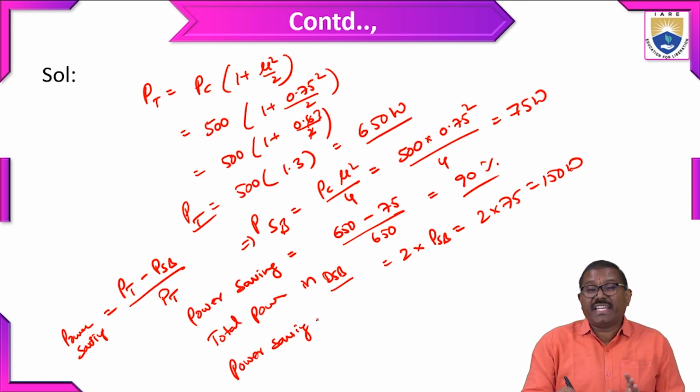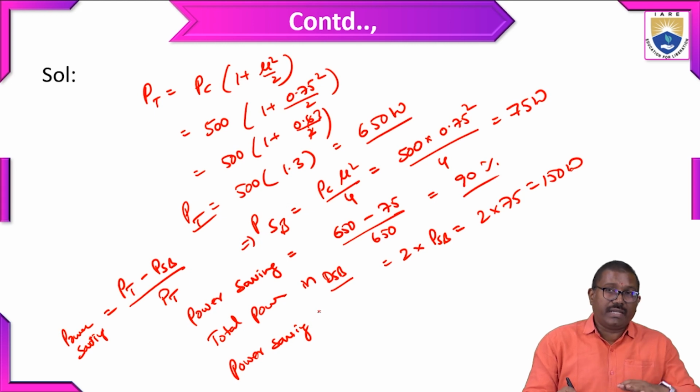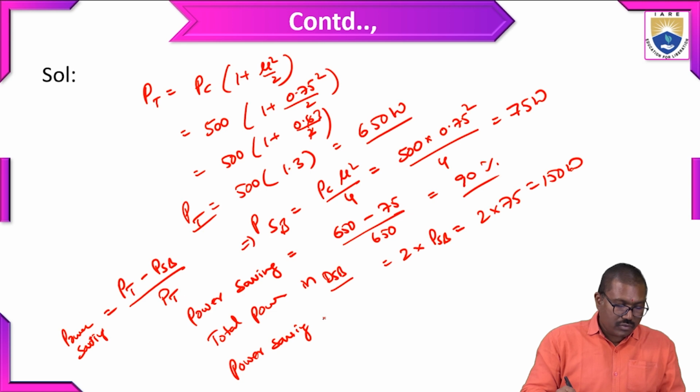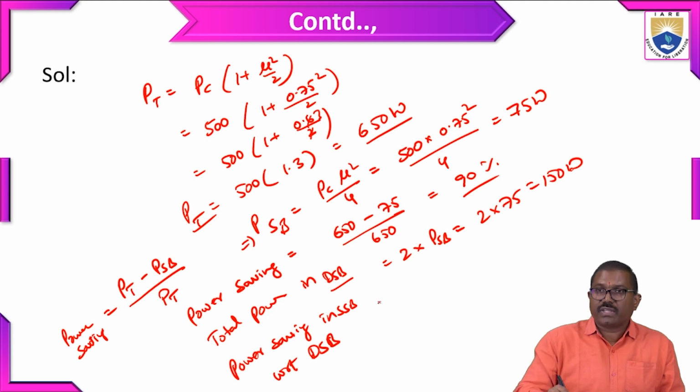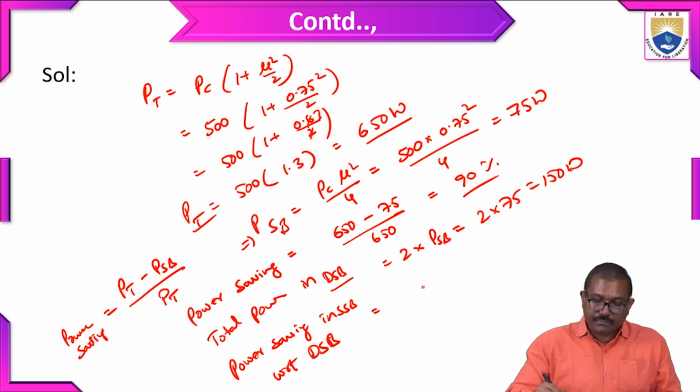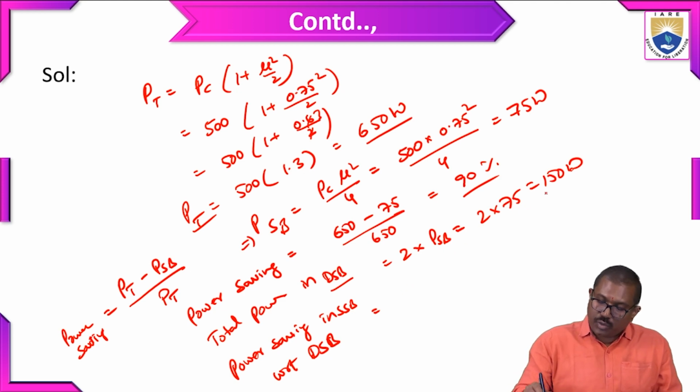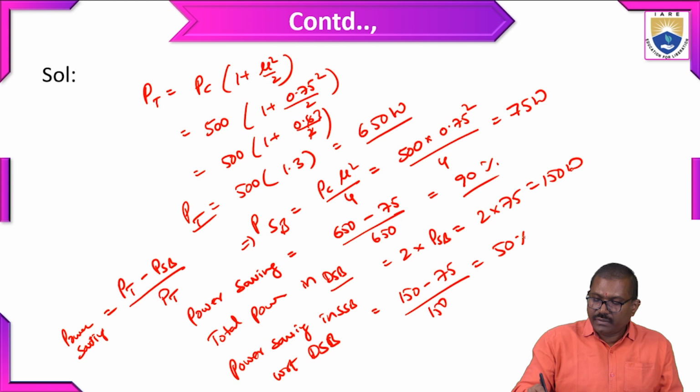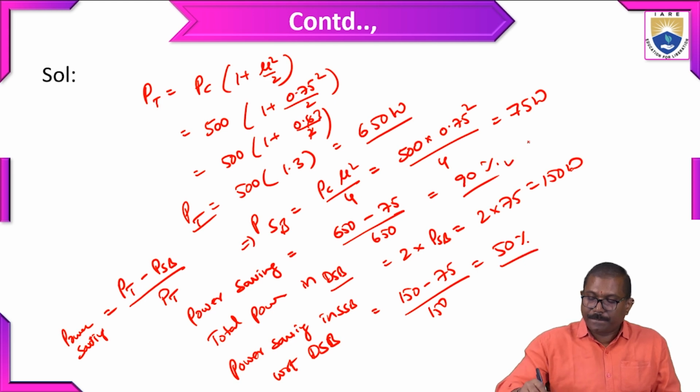Okay. Now power saving with respect to DSB. So we are comparing SSB with DSB. So power saving in SSB with respect to DSB. Same formula. Here the total power in DSB is 150, so 150 minus 75 divided by 150, giving 50%.